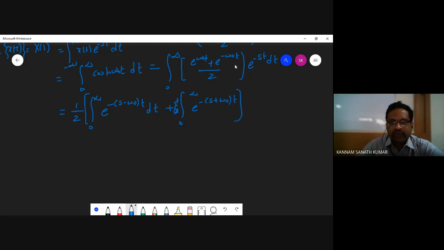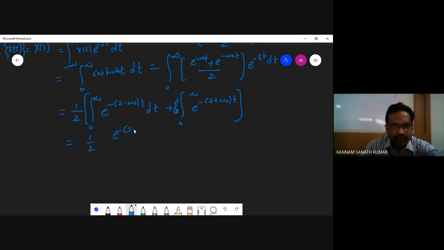Here a power m into a power n is a power m plus n, so I combined these two and took minus common. I got minus of (s minus omega naught), and here minus of (s plus omega naught). Now the integration of e power ax is e power ax by a.